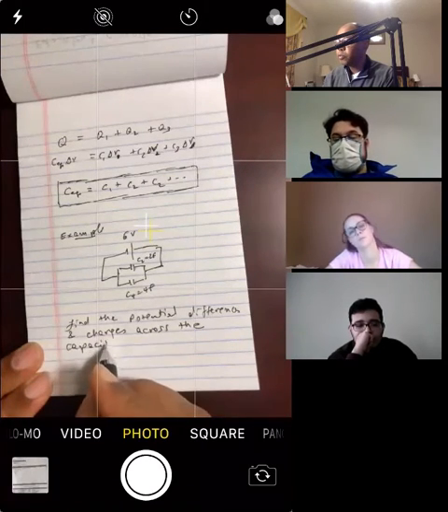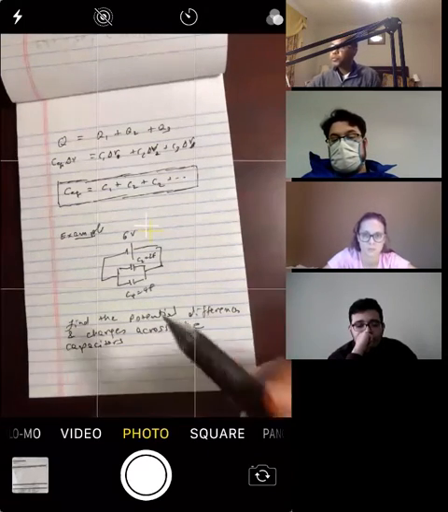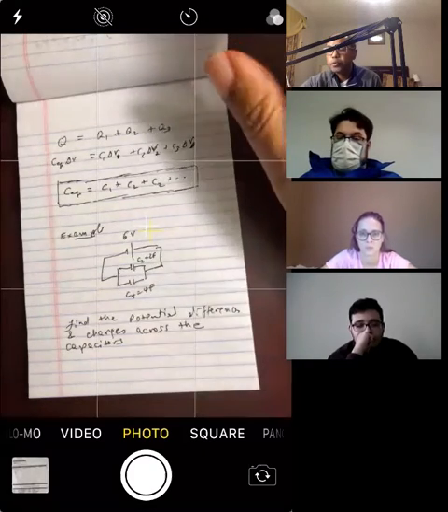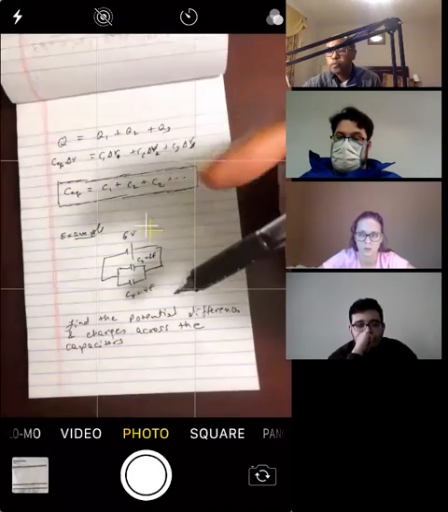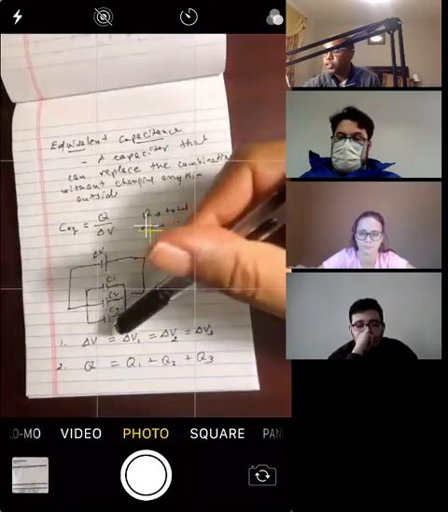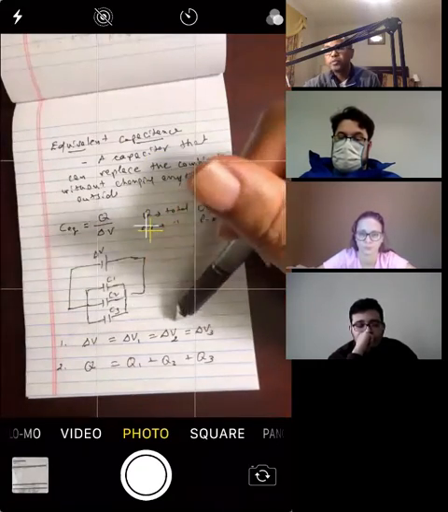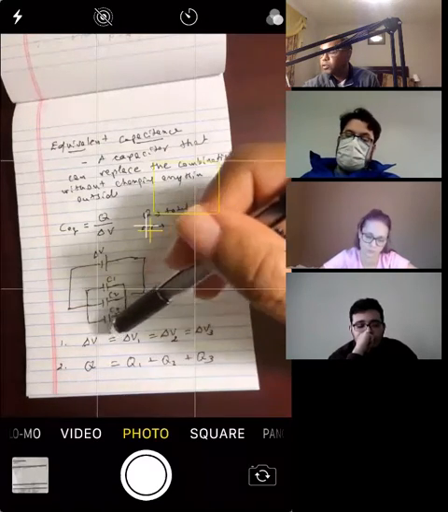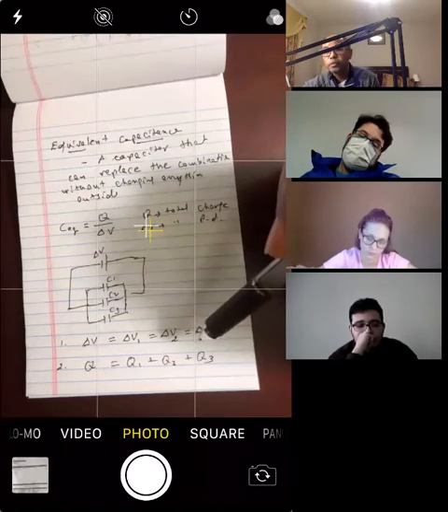Now, can you tell me what the potential differences are? What do you think is the potential difference across this one and this one? You remember the first property of this kind of combination? We said all the potential differences are the same. So our total potential difference in this case is 6 volts, so all the other potential differences should also be 6 volts.